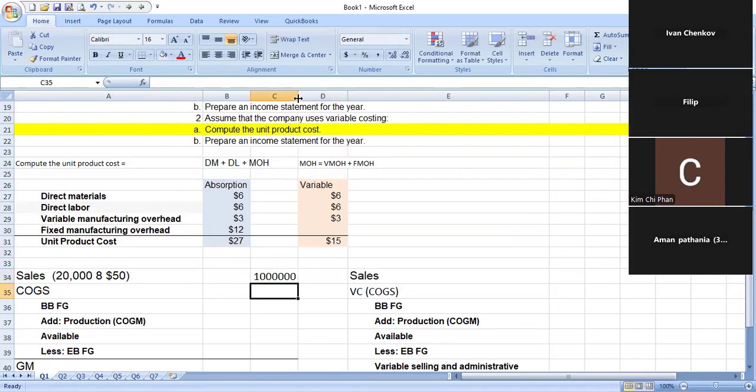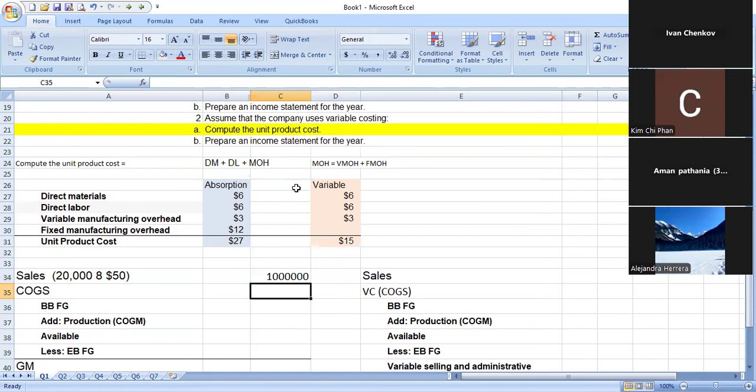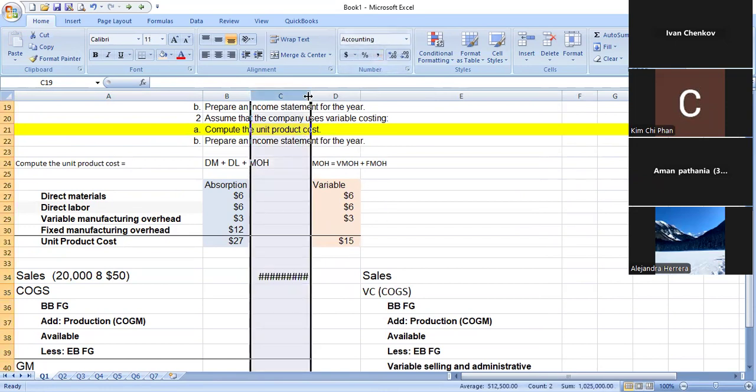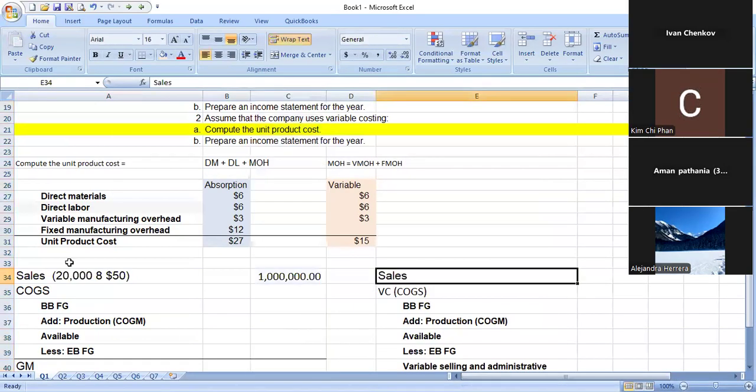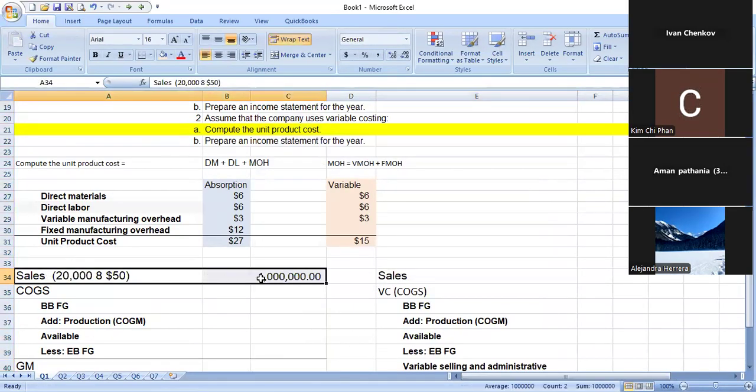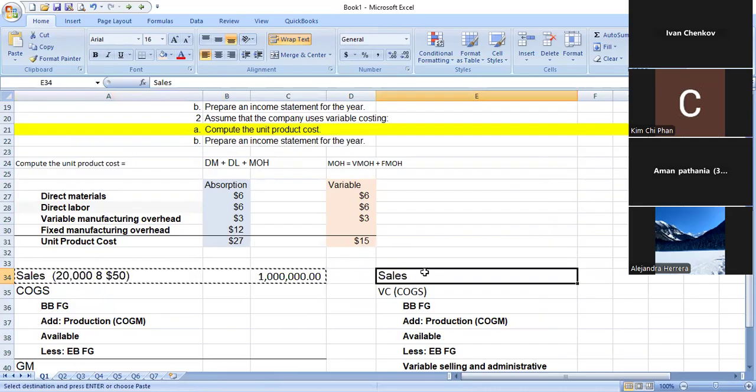It's going to be that number, 1 million. So how is this sales going to be different than the other sales? Is it going to be different? No, it's going to be exactly the same. So I can easily copy and paste it and go on the other side. Okay, so I have my first thing.